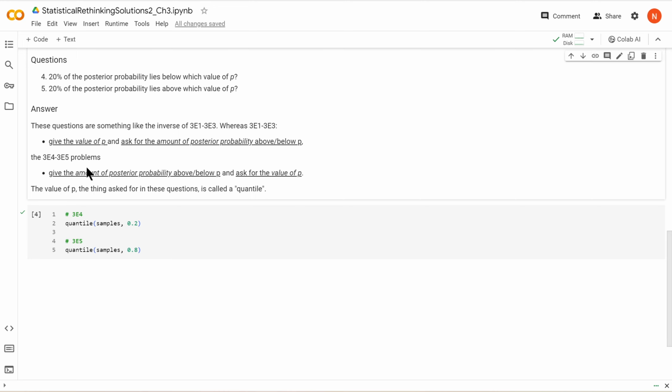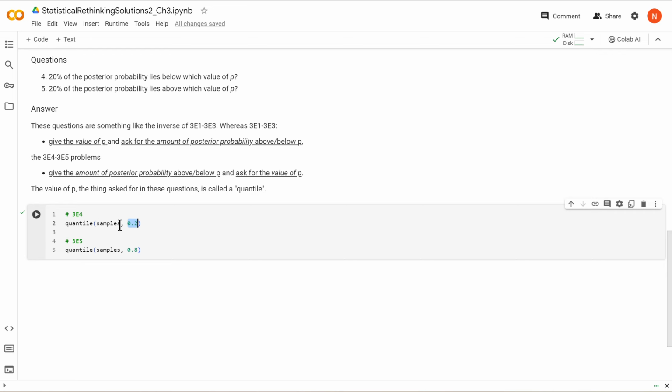So the thing that we are being asked for here is called a quantile, and the command is very simple. It is just quantile, and then what data are we asking the quantile for, and then what quantile are we asking for. What quantile is going to do is give us the value of samples, and again, samples will give us all these different values of p.